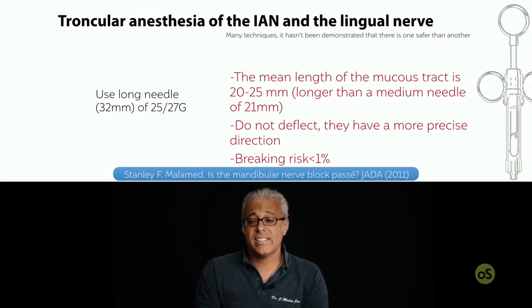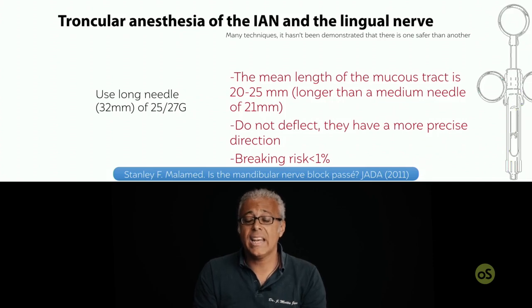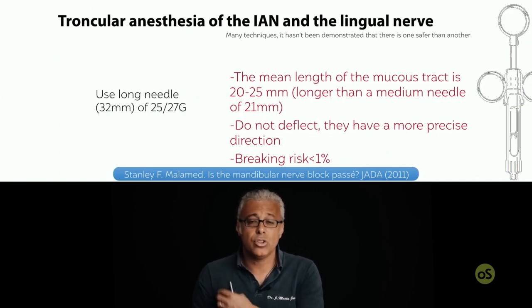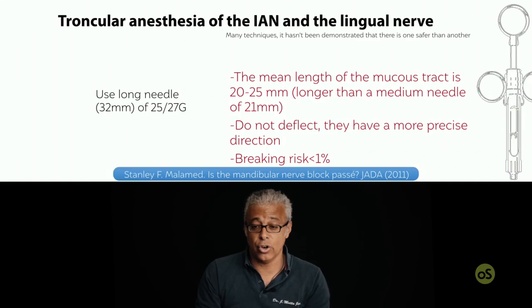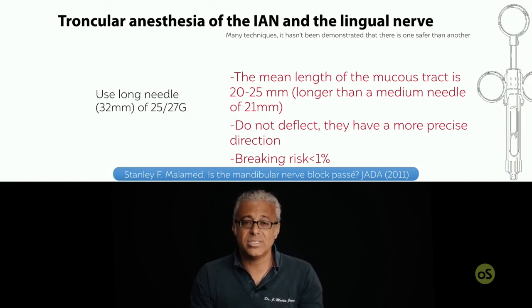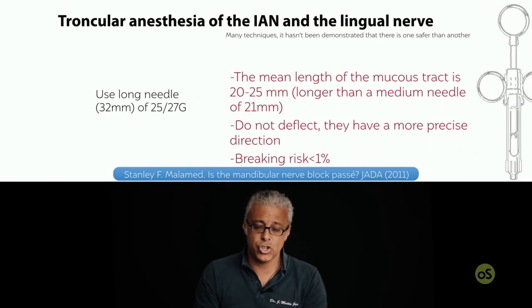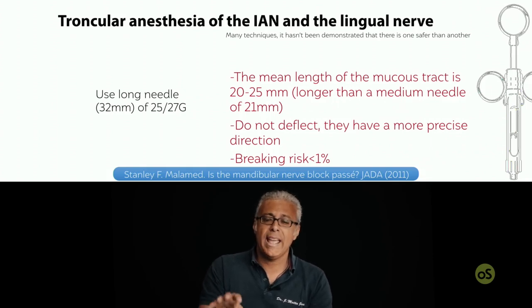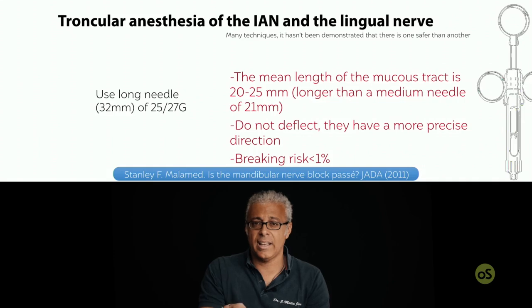What about the anesthesia? Well, the truncular anesthesia or full block anesthesia of the IAN can give problems mainly to the lingual nerve, and this is the reason why you will see in my surgeries I perform a local anesthesia. I don't perform a full block anesthesia in the majority of cases.